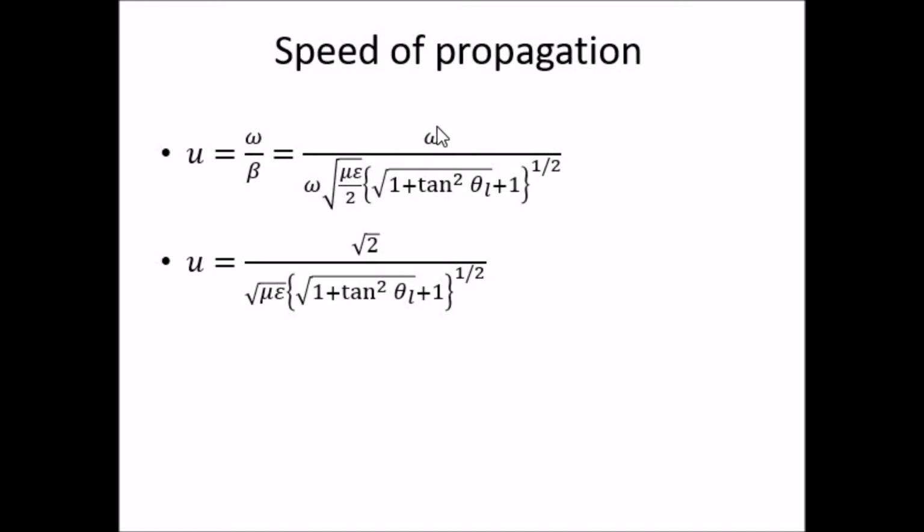So omega and omega will be cancelled out, and you can move this square root of 2 from the denominator to the numerator. So you'll get the square root of 2 divided by mu epsilon e and this term. So this is the propagation speed.